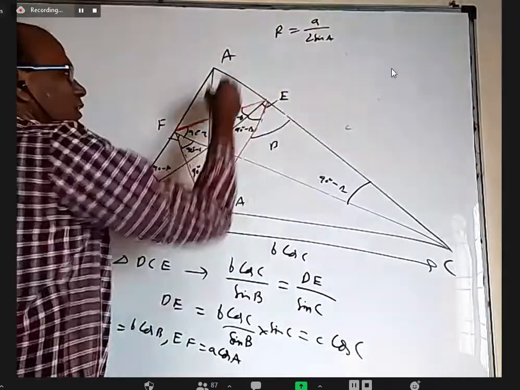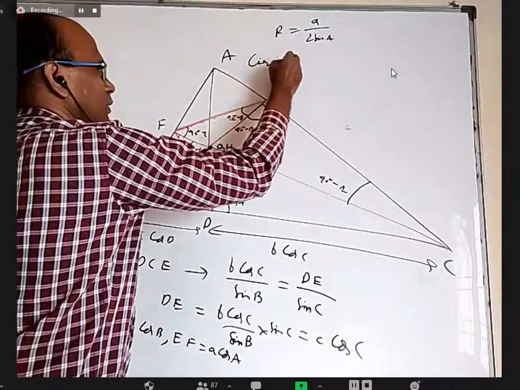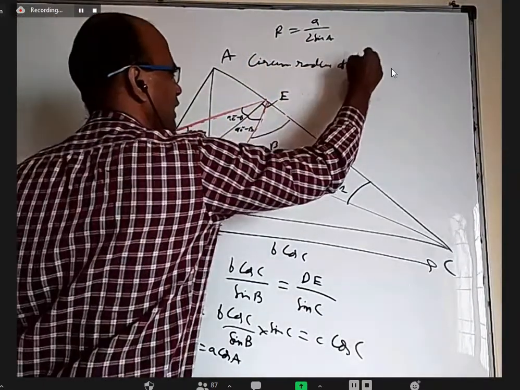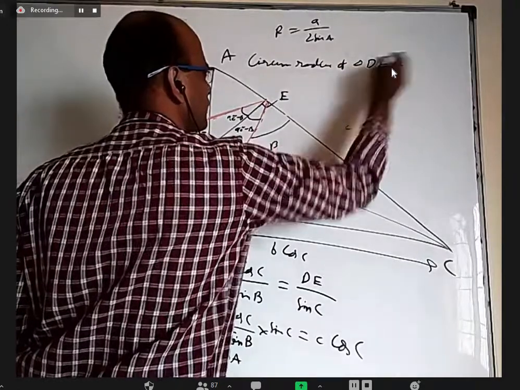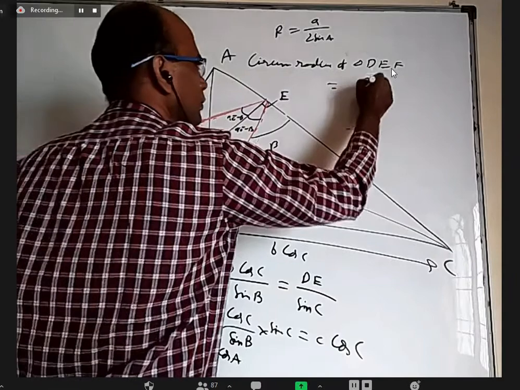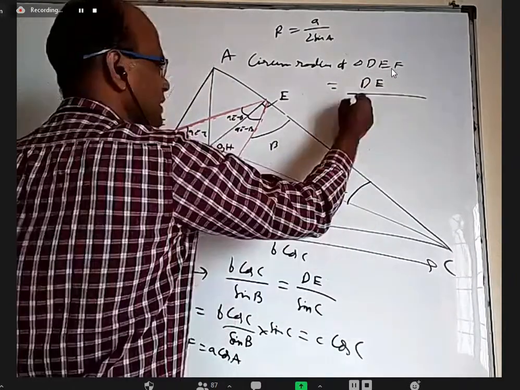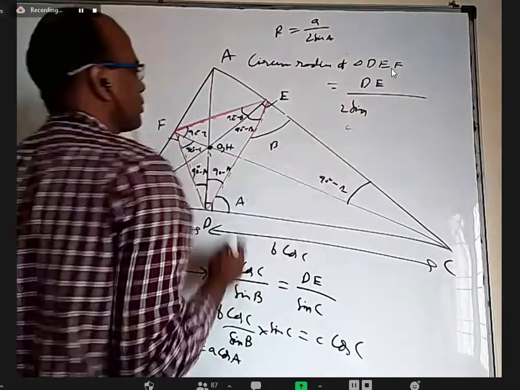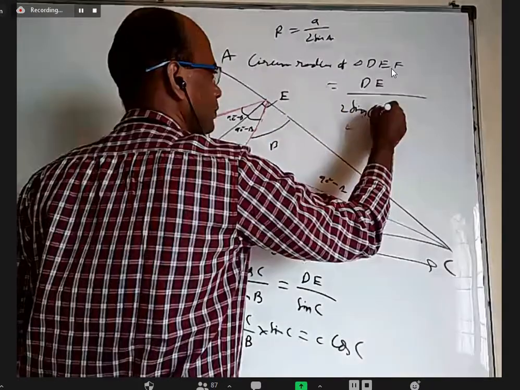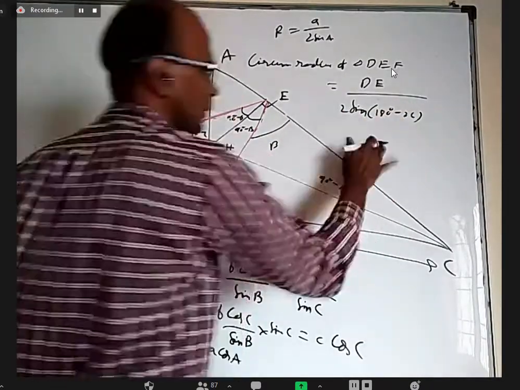In the same way, the circumradius of triangle DEF. You can take any side. Let's say I'll take the DE side. By 2 times sine of the opposite angle. What is the opposite angle? 180 minus 2C. Right?